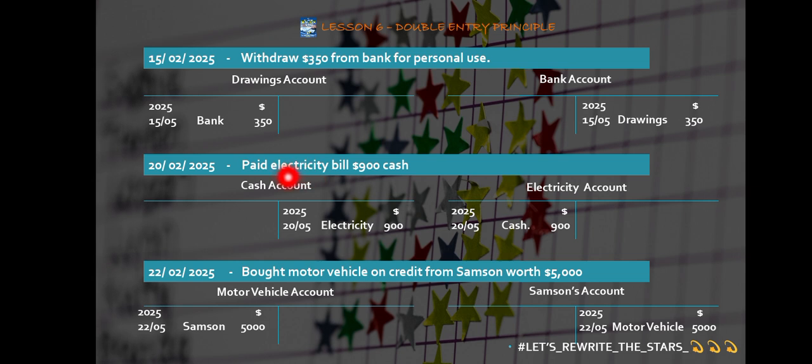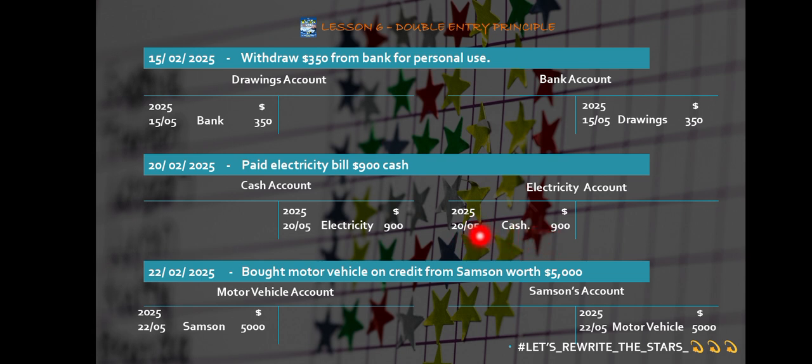So you see here we indicated what we were paying for. That is the electricity bill. So the electricity account to be created. And because it's an expenditure, the rule says expenses should be debited. So we are debiting it. Here too, we made a mistake with the month.